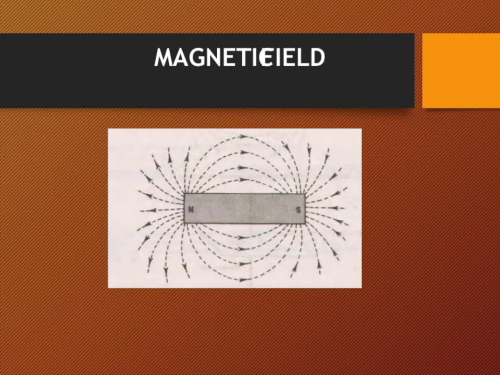Let's take a closer look at the magnetic field. The magnetic field is an invisible force field created around a magnetic object or a current-carrying wire. It's what causes magnetic forces to act at a distance, influencing other magnetic materials or moving charges. Think of it as the area where magnetic influence exists. It's essential for understanding how magnets interact with each other and with electric currents.